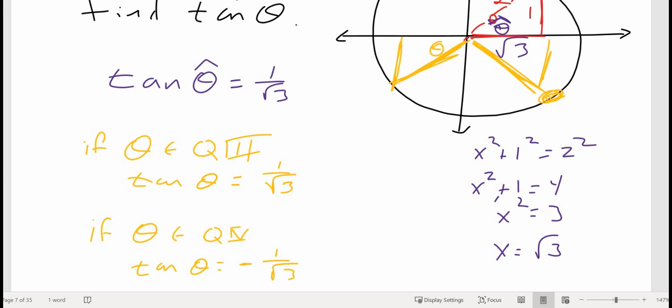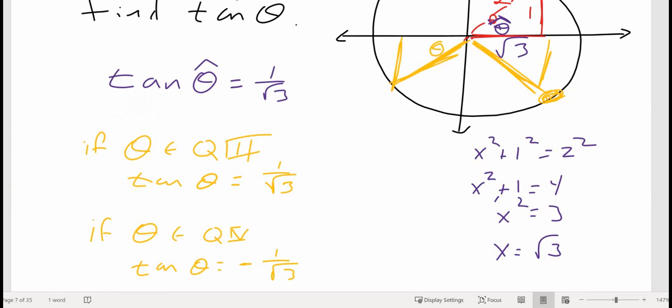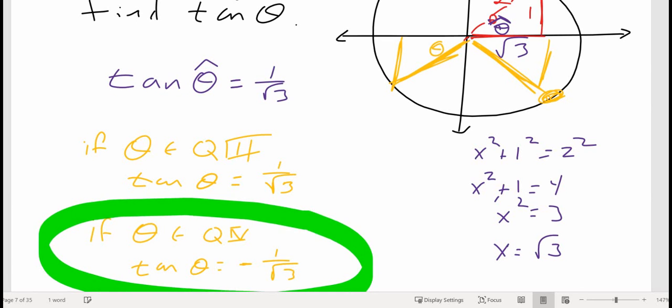And I don't remember your question, but it said quadrant 4, so it would have to be that one.